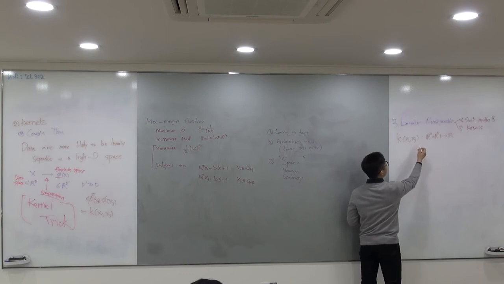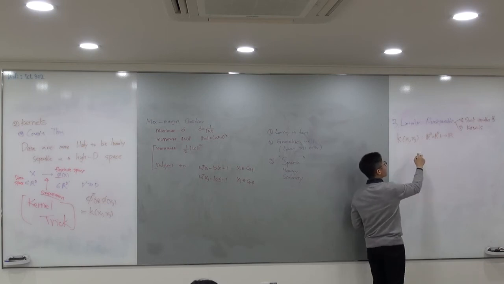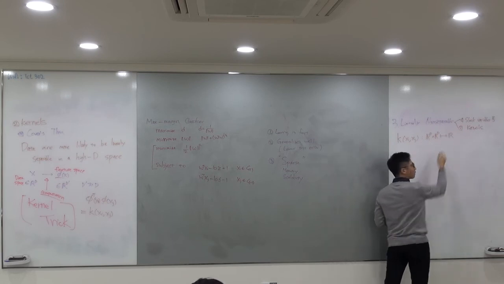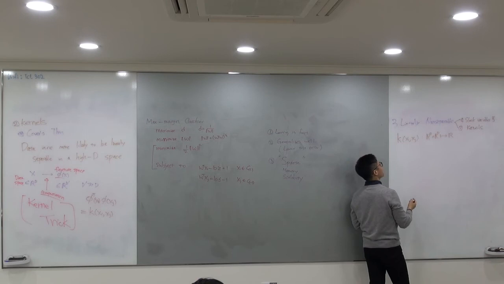It takes two arguments, basically two vectors in d-dimensional space, and outputs something scalar. That's the kernel function. But there's one more condition.